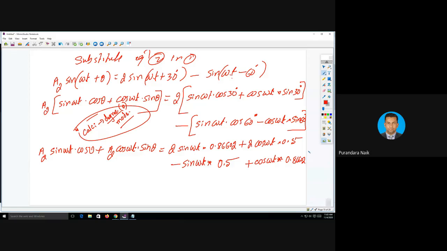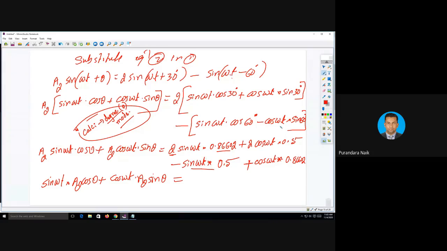So now multiply. This is positive, right, because minus into minus is plus. I will rewrite the equation: sin omega t into a2 cos theta plus cos omega t into a2 sin theta is equal to 2 into this, plus this, minus this.